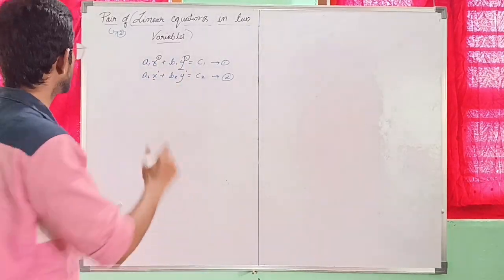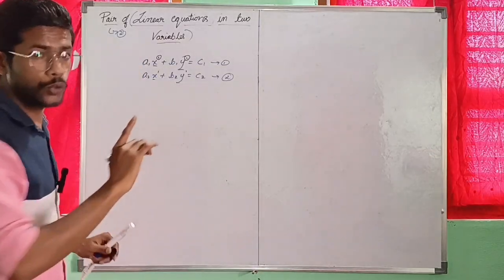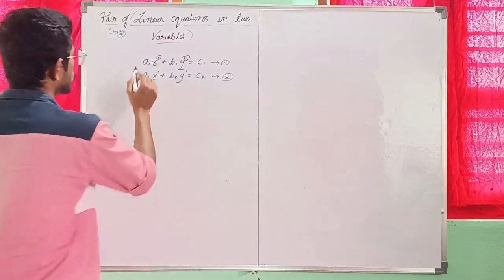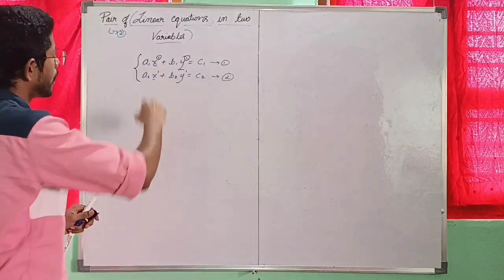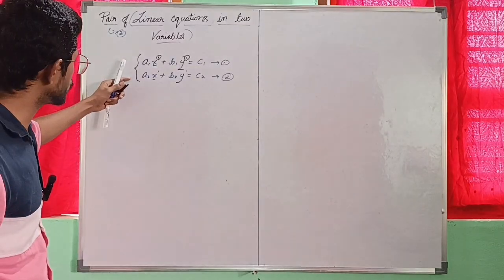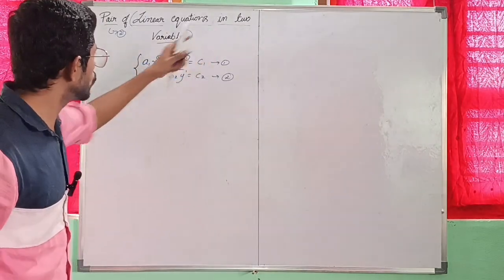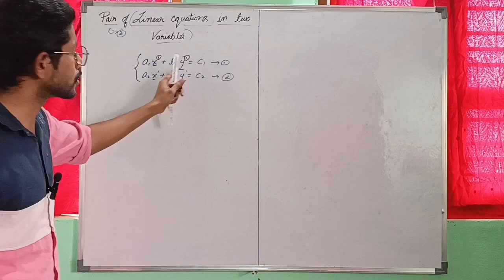And here they are telling pair. Pair means two. These are two linear equations in two variables, that is x and y.